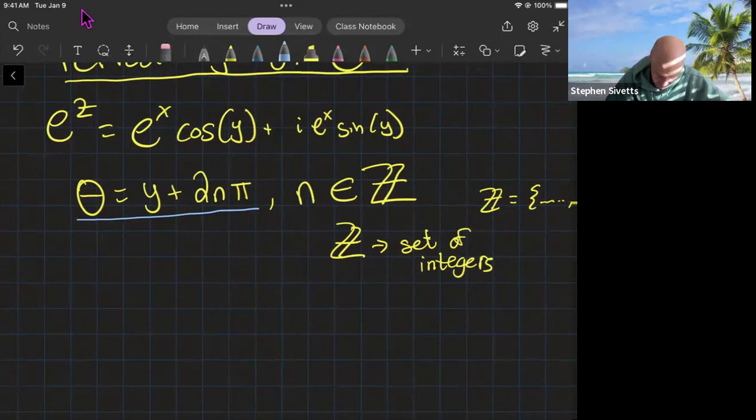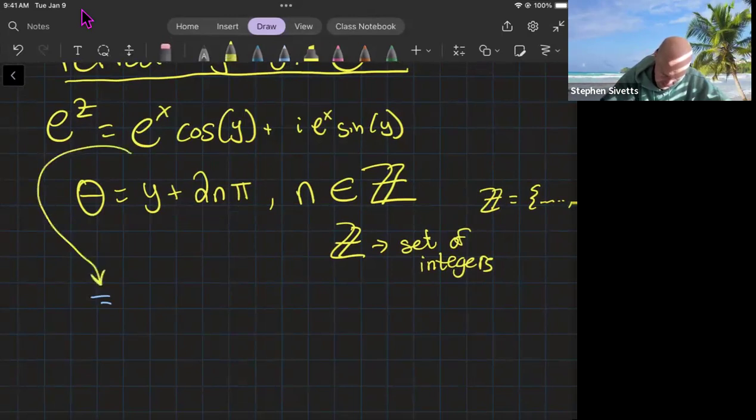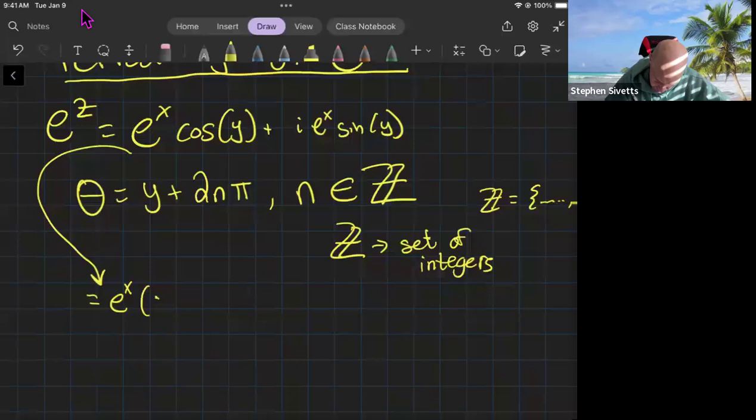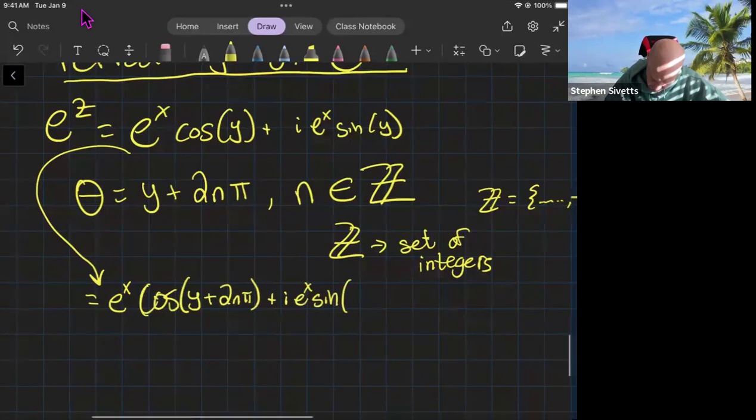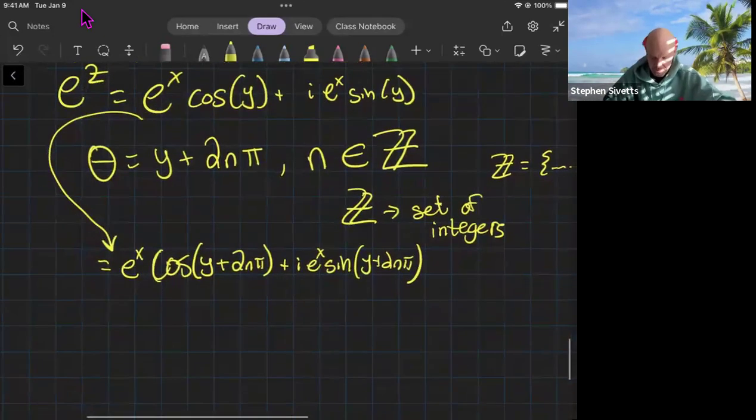So really, this quantity down here would equal e to the x times cosine of y plus 2n pi, plus i times e to the x times sine of y plus 2n pi as well, right?